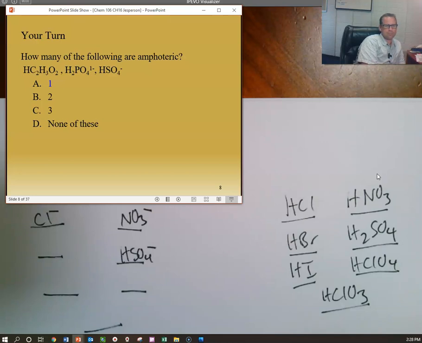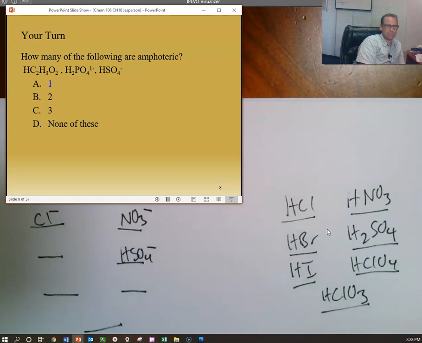Hydrofluoric acid. Oh wait, there's not. Well, I'm working on it. In all of them, all we have to do is remove the hydrogen and then put a negative charge on what's left over, right? Yes.